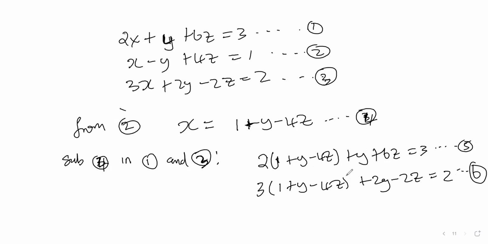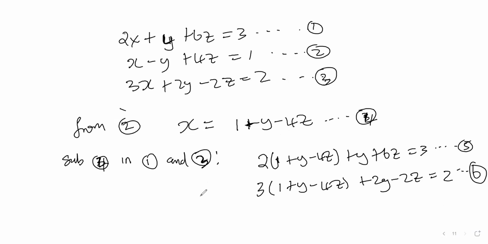You can solve it using either substitution or elimination. This is now 2 equations, 2 unknowns, and we solve it the way we saw how to solve 2 equations in 2 unknowns. Take your values for y and z and substitute them into any one of these originals to get x, or into the expression for x here.